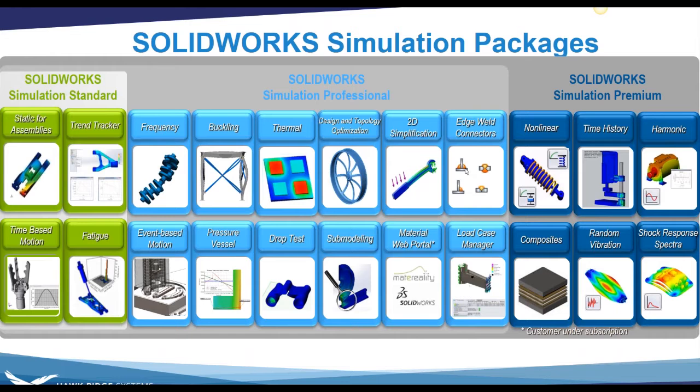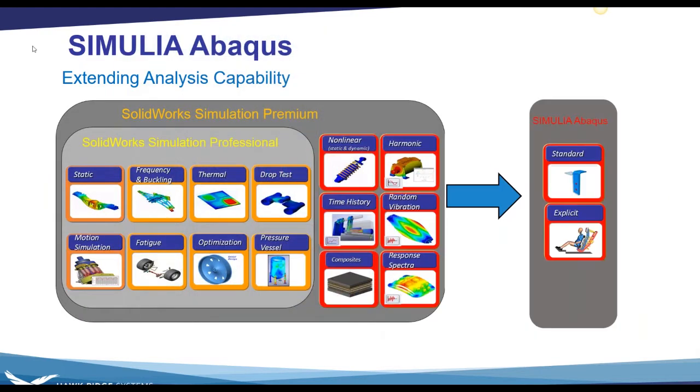If we look at the overall matrix of the SOLIDWORKS Simulation package, you can see that you increase functionality and the complexity of the types of analyses that you can do as you work up the product line. The same is true if you look at where the SIMULIA Abaqus line fits in our offerings.